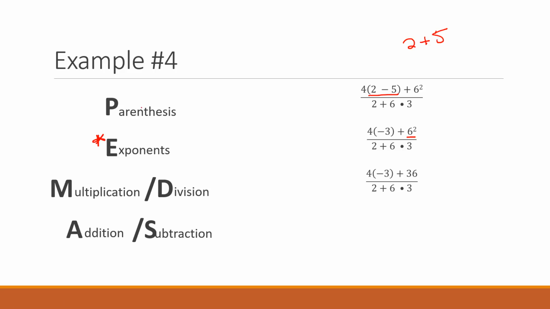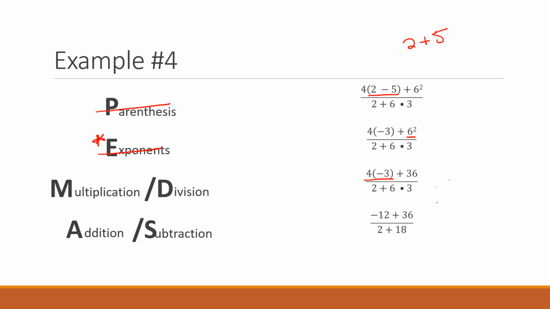Okay, so our parentheses are gone, our exponents are gone, but I do see that we've got multiplication in the numerator and multiplication in the denominator. So 4 times negative 3 is negative 12, and then down here, 6 times 3 is 18.